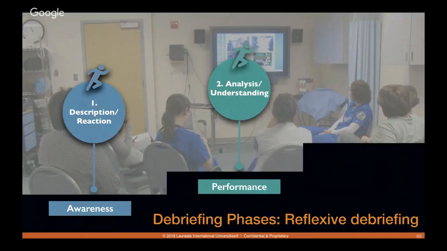Then you move to another level of discussion, which is, let's analyze what happened here. Let's talk about the diagnosis. Let's talk about the patient's attitude, how to manage this attitude, or how to communicate. And let's talk about what the literature says about this clinical case.